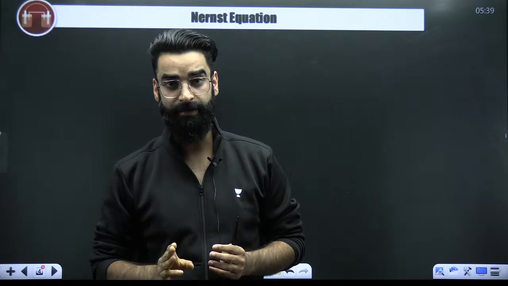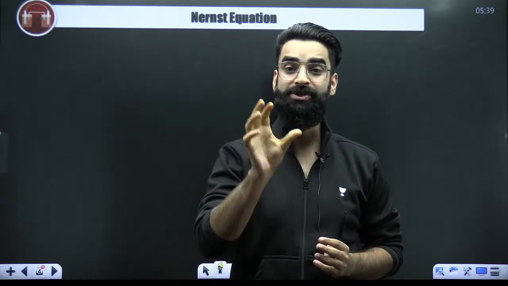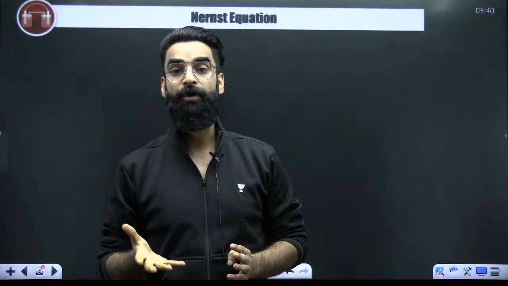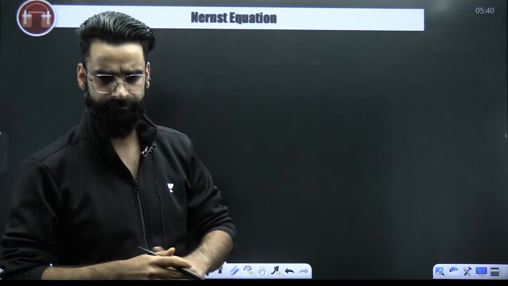The fourth topic was electrode potential and its significance. The fifth topic was how to calculate the standard EMF of the cell, E0 cell, which is E0 of cathode minus E0 of anode. I hope you remember all those things.